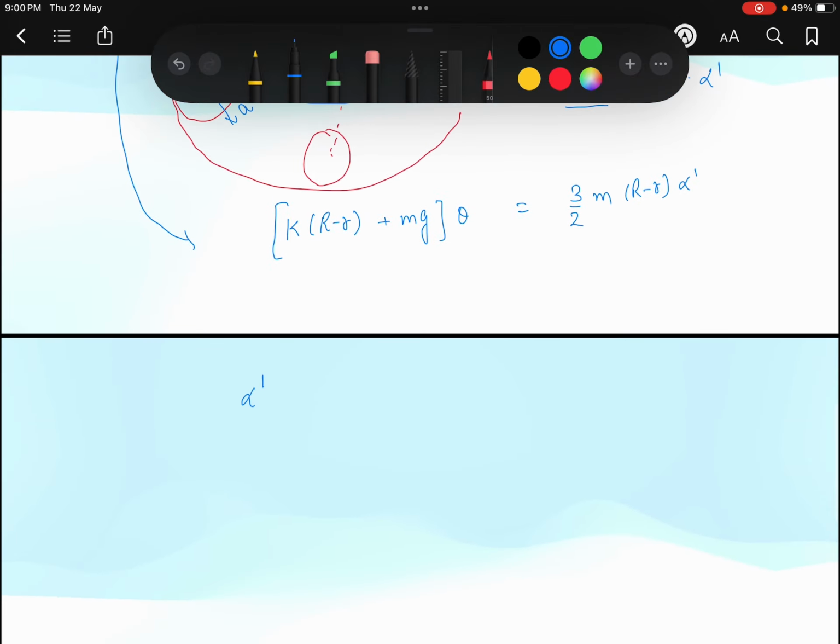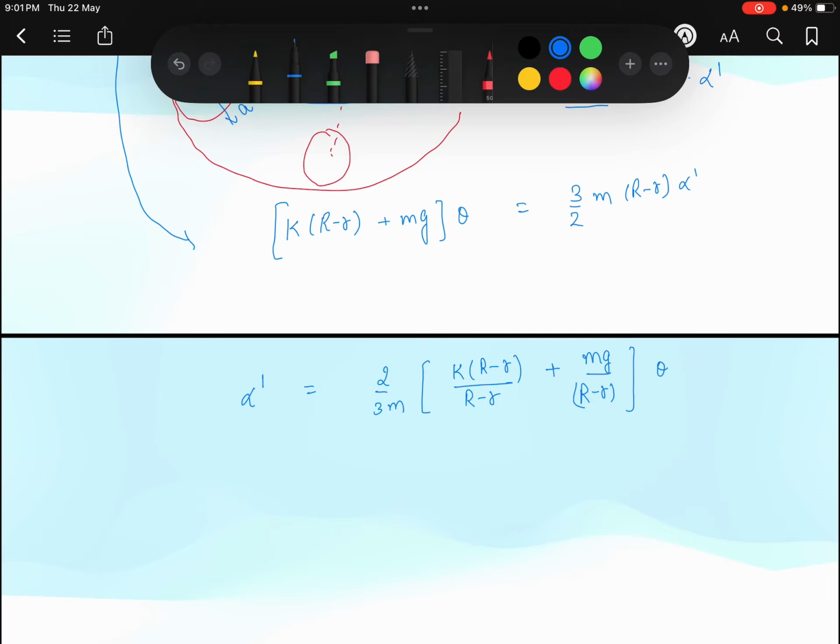So alpha dash will be equal to how much? This will be equal to 2 by 3 m multiplied here, and here k into capital R minus small r, divided by capital R minus small r, plus mg divided by capital R minus small r, and into theta.